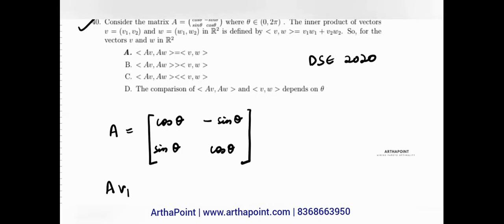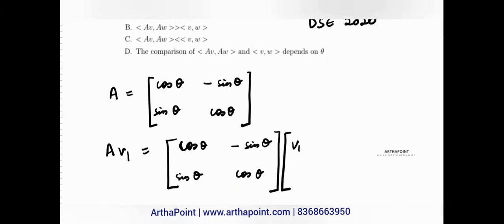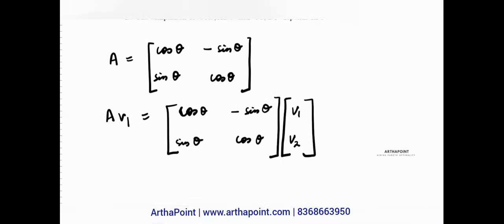So AV will simply be A, cos theta, minus sin theta, sin theta, cos theta, into V1, V2. This is just V, right? I'll put V here, okay?